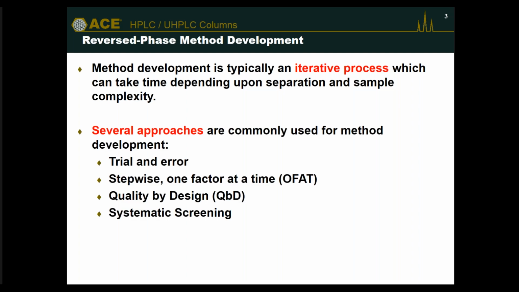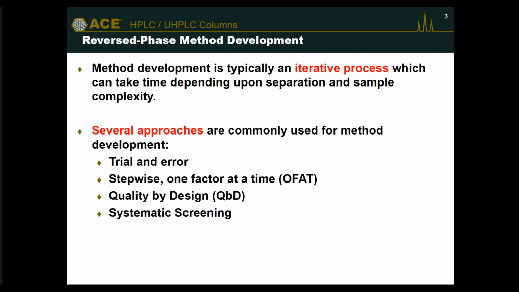Now, of course, there's lots of different ways to do method development. Some people use trial and error. They get some general conditions, do some injections and modify some parameters to see if they can get to their final method. Some people are quite systematic, and they take one parameter at a time and explore how it affects their separation.